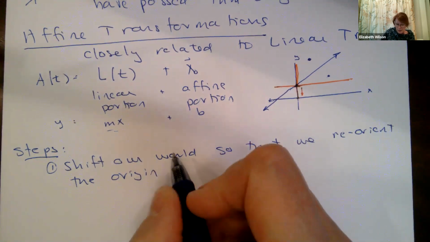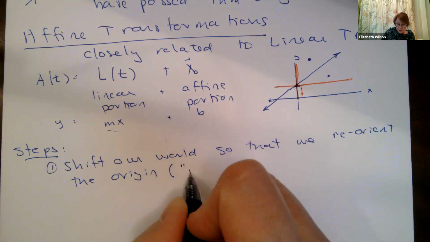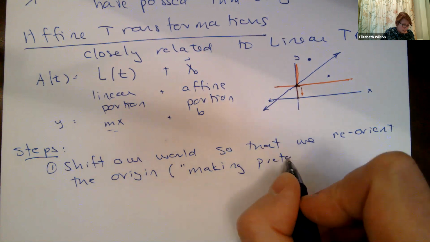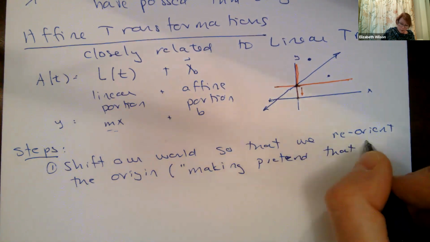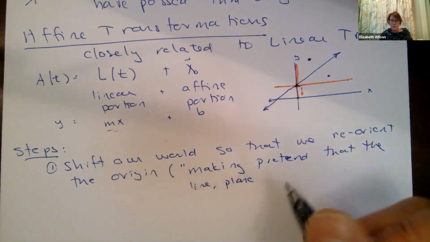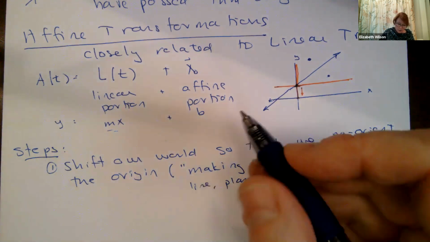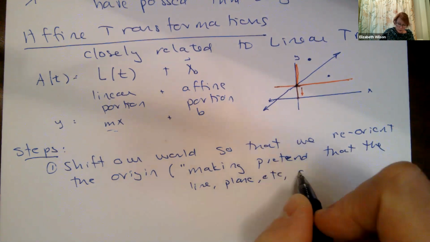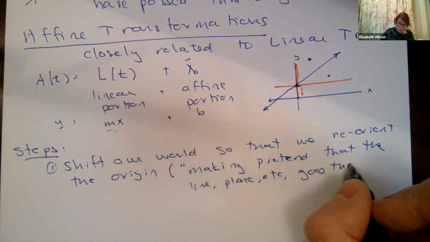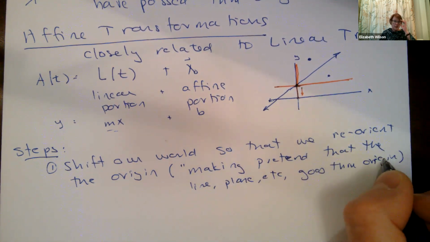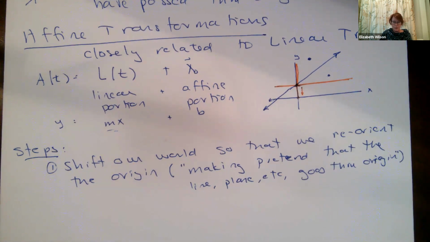It's kind of like, I'm going to write this in slang. So I'm going to pretend that the line or the plane or whatever object that we're transforming around, etc., goes through the origin. I say make pretend. There's an actual way to make this work, but I'm trying to write it in regular person speak.